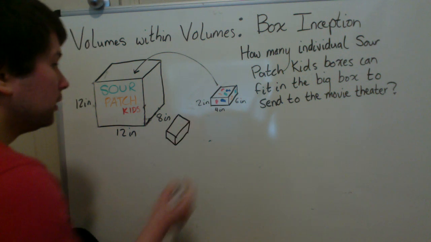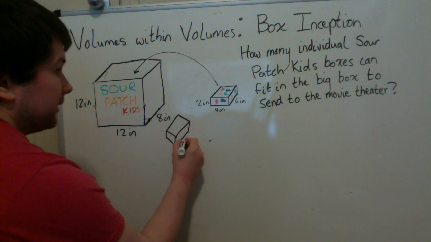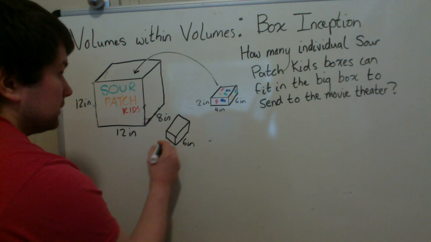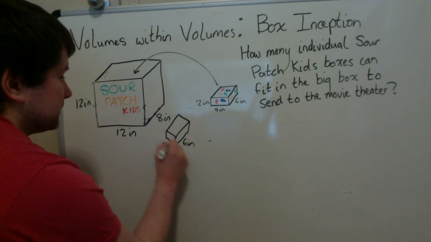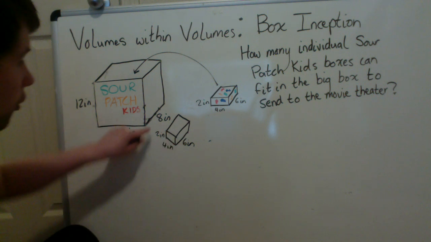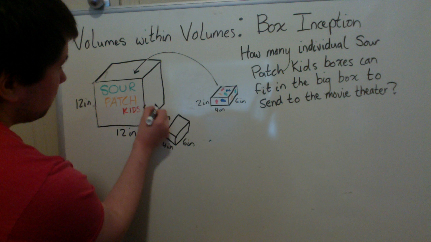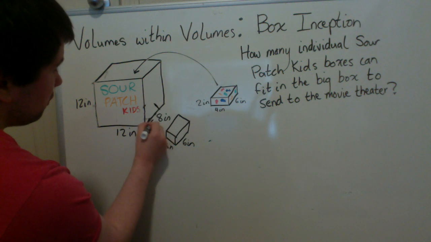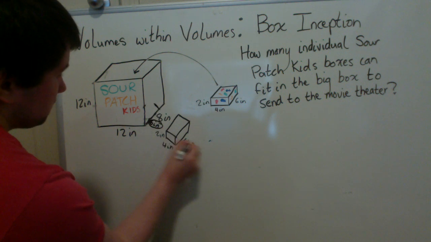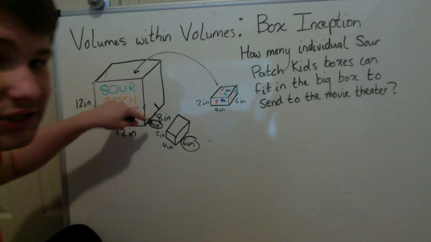Here's why. The long width here is 6 inches, right? This is 4 inches, and this is 2 inches. Well, if we put this lying down flat in this corner here, it's only going to go 6 inches. But it's 8 inches deep.